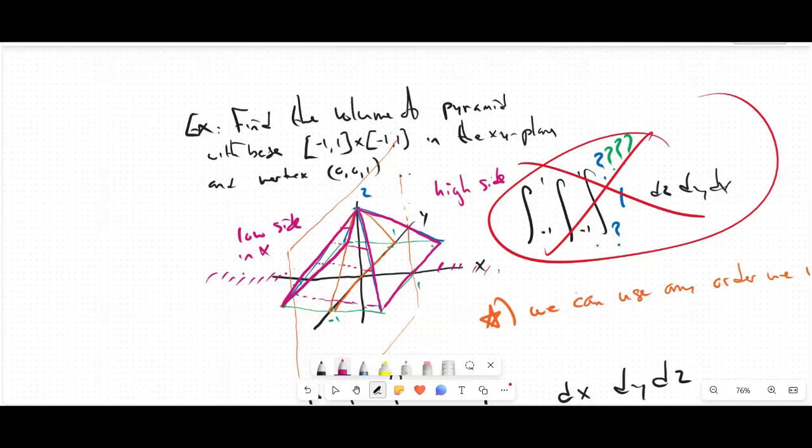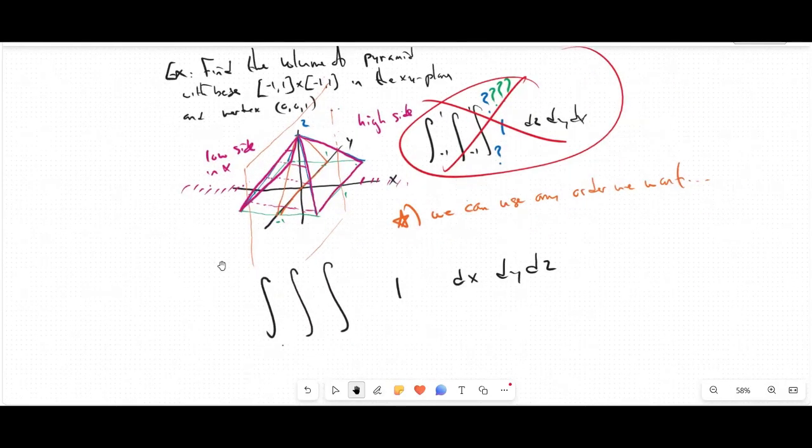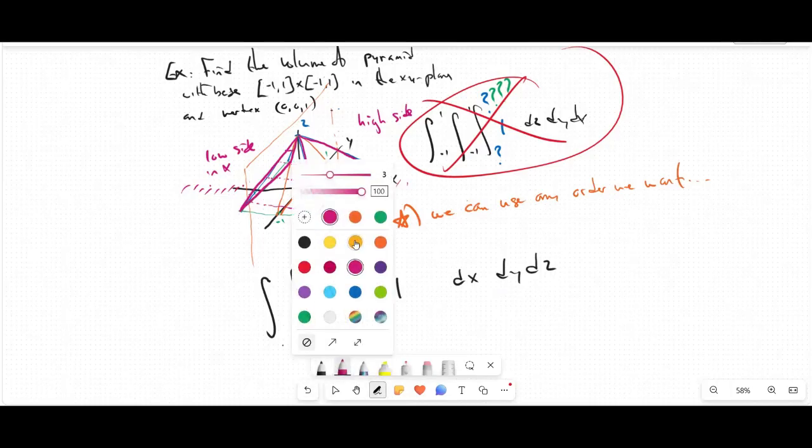This is preferable to the first order because the low side is a plane. That's easy. We're going to find an equation for that plane. And the high side is also a plane. We're going to find an equation for that plane. And we're going to be very pleased with the answers. Before we do that, we need the base, the y and z part, which we've got drawn in orange.